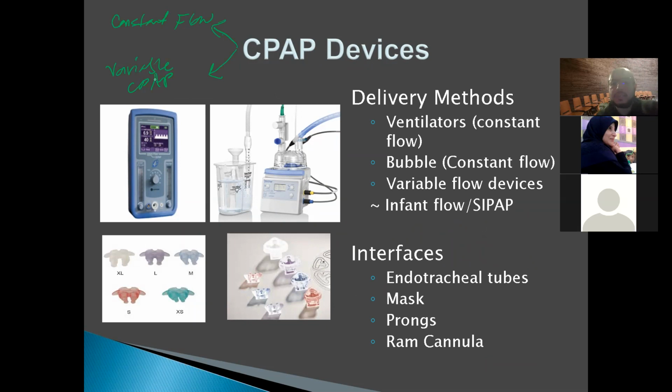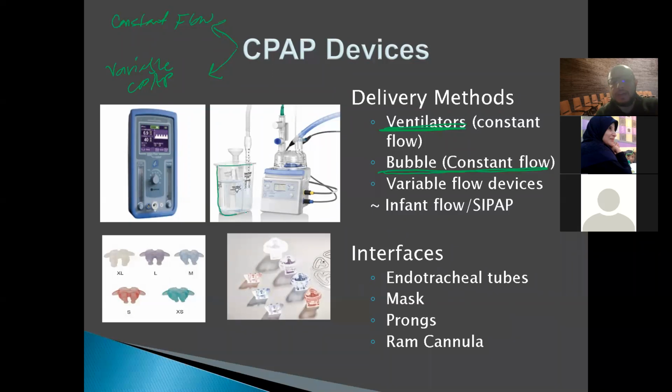Constant flow CPAP includes mechanical ventilation. If you have mechanical ventilation, you deliver through the nose, you set your parameters, and that's constant flow. During inspiration and expiration the flow is constant and fixed. Or you have bubble CPAP.